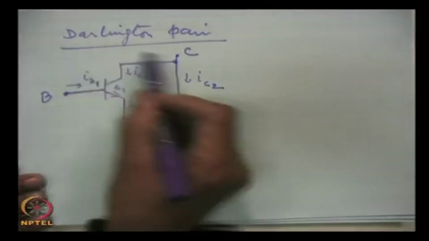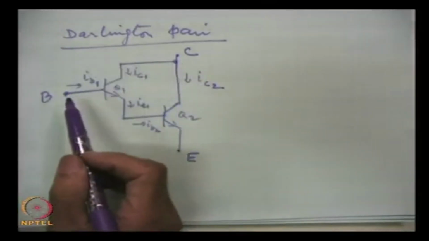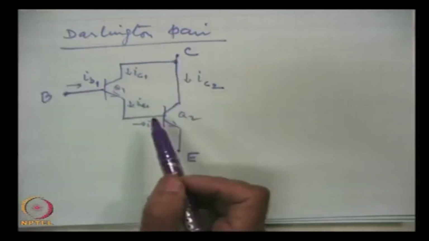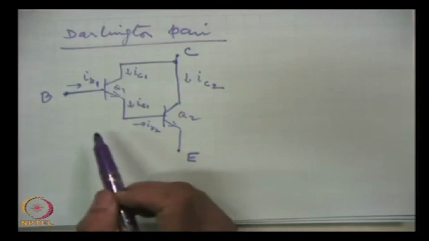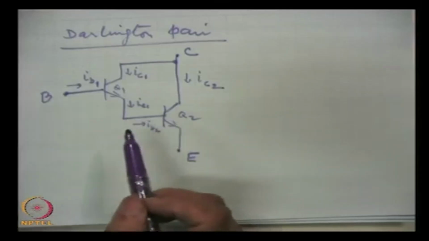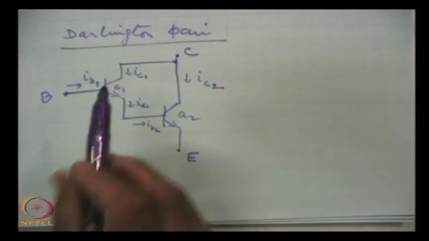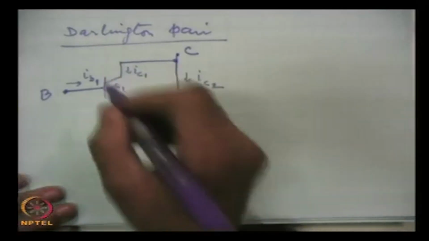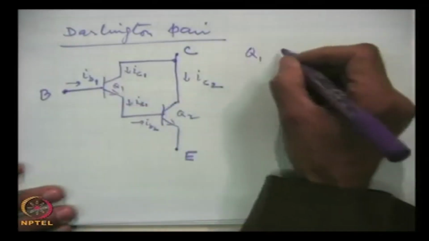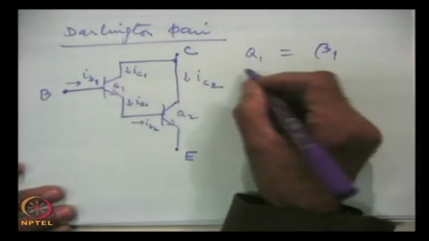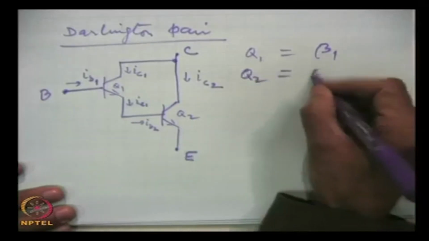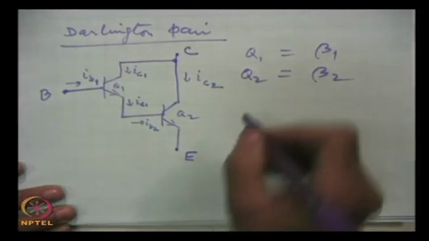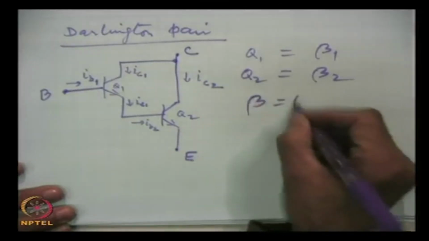As I said, this is enclosed in a single package, and the three leads, like a transistor, are available. And why are we doing this? Voltage gain we have seen. Now, this is the example of current gain: if the current gain for Q1 is beta 1 and for Q2 is beta 2, then for this Darlington pair the current gain beta will be the product of the two.